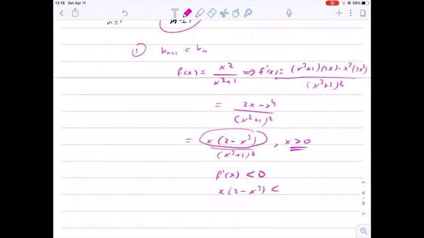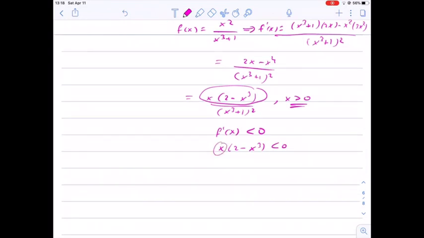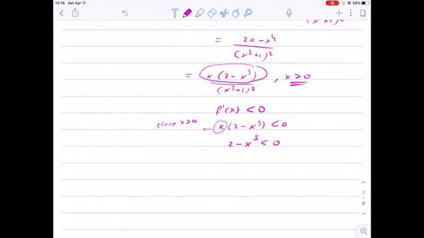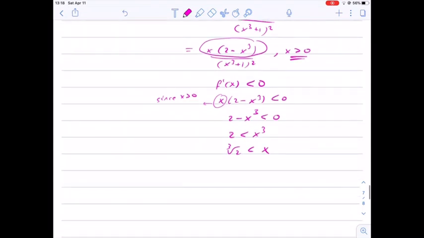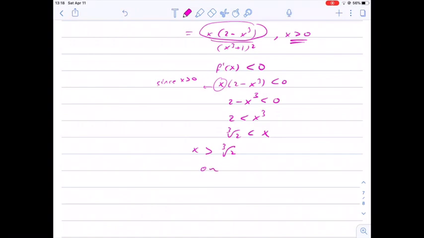So x times (2 minus x cubed) is less than 0. Since x is greater than 0, we can divide both sides by x, and we get 2 minus x cubed is less than 0, because 0 over x is 0 since x is not equal to 0. Now we solve this. 2 is less than x cubed, then take the cube root of both sides. You get x is greater than the cube root of 2.